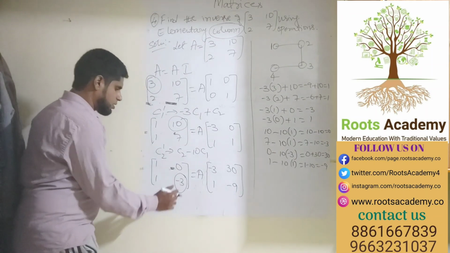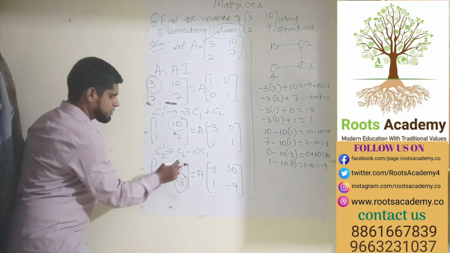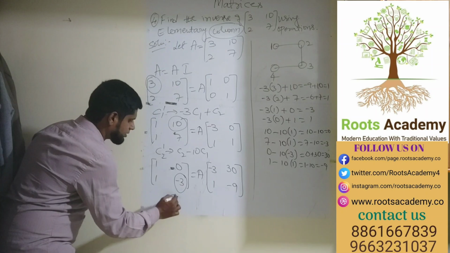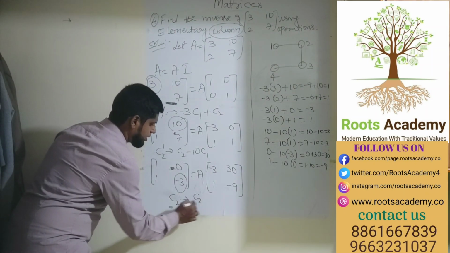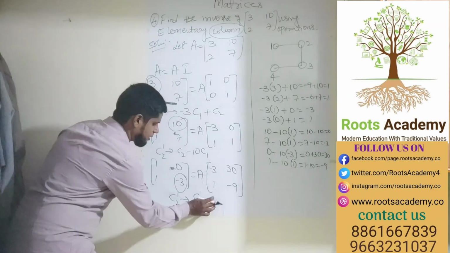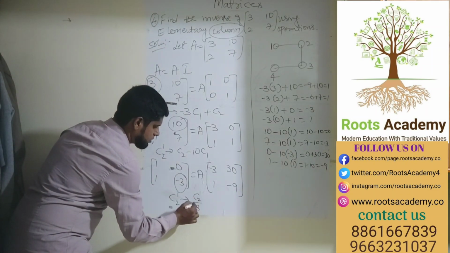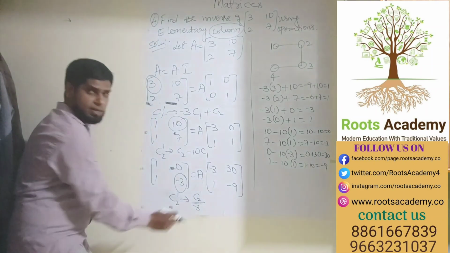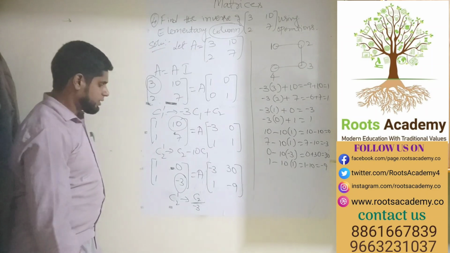But here, what I will do, this is in second column. So complete second column will be divided by minus 3, C2 by minus 3. That is C2 divided by minus 3. Complete second column is dividing by minus 3.